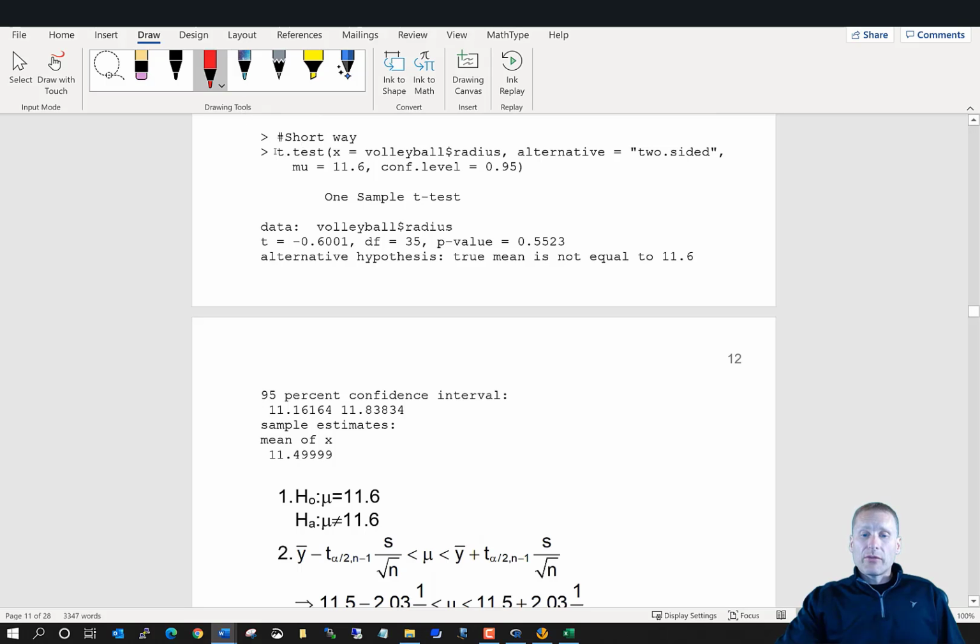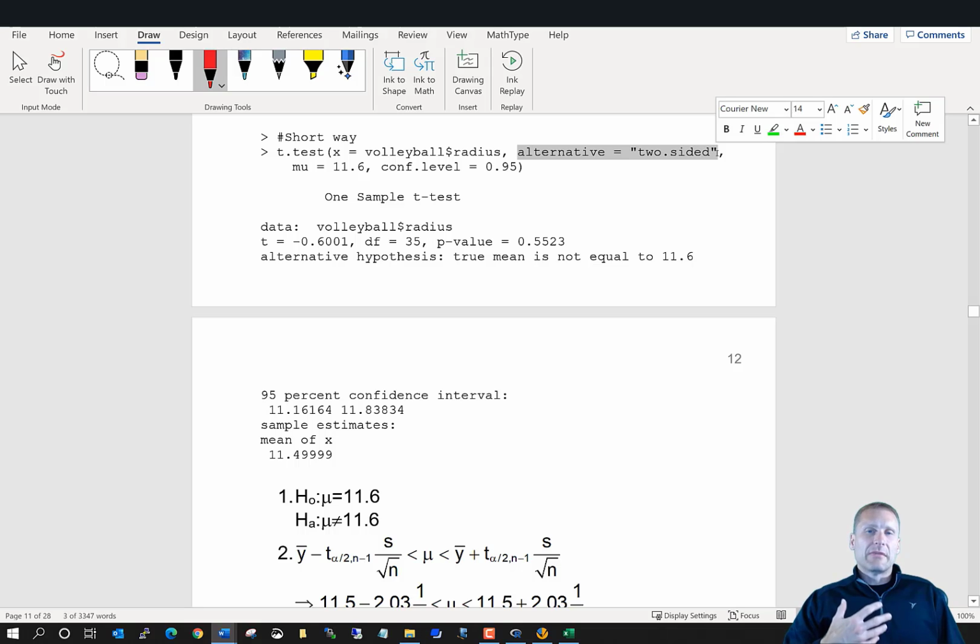Now, similar to what we saw in the confidence interval section, there's also a function called t.test that will do these calculations for you. In our data set itself, there's a variable called radius. The data is in a data frame called volleyball. I state I want a two-sided test.